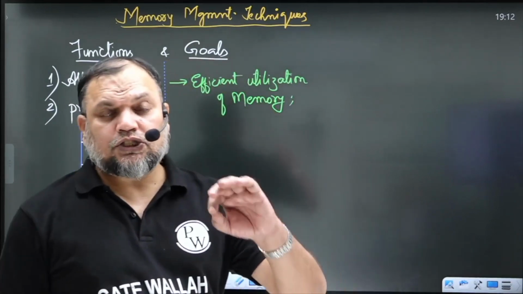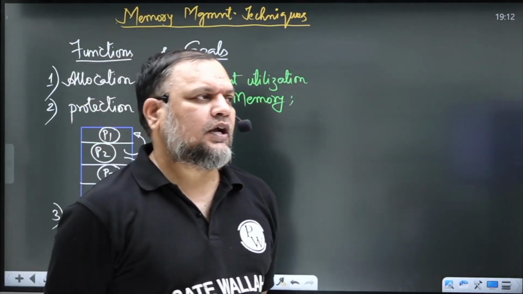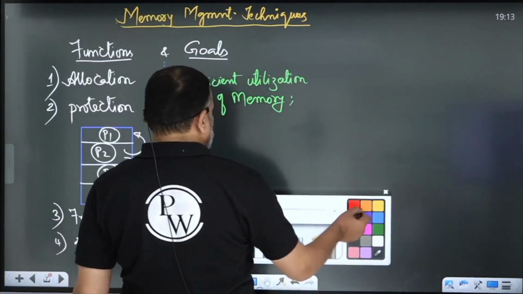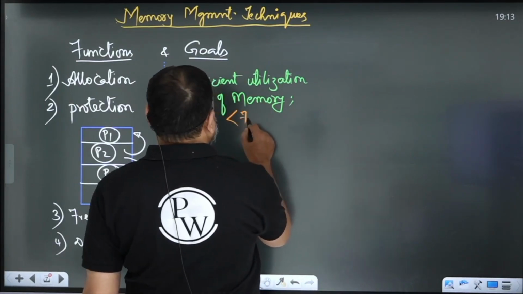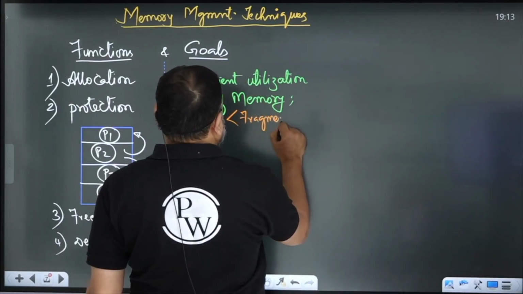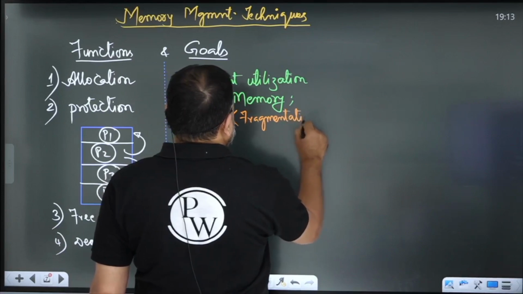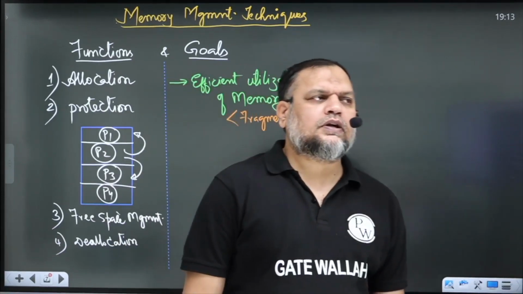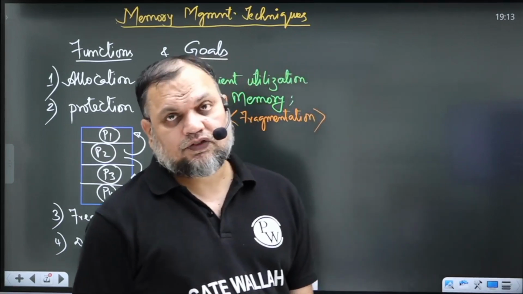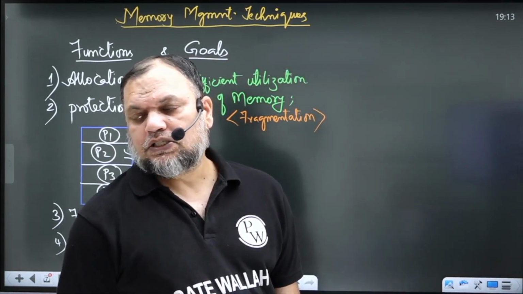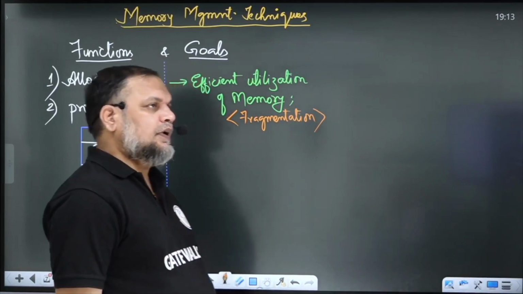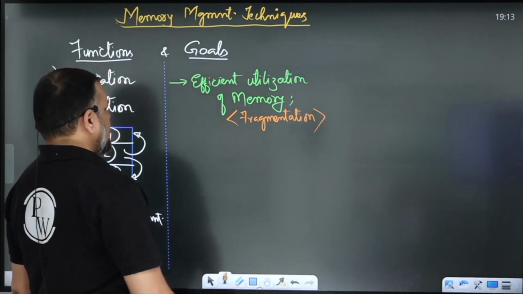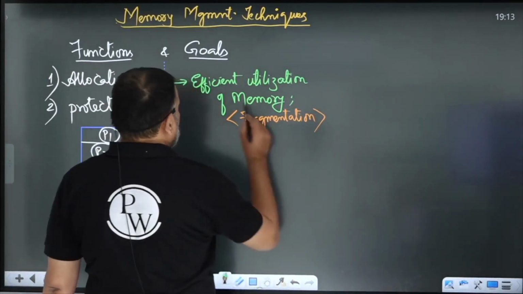Generally, the term used to denote the wastage of memory is called fragmentation. Fragmentation should be less. I'm sure you might have studied that fragmentation is of two types, internal and external. We will define internal and external fragmentation at the appropriate time. So that is one goal.